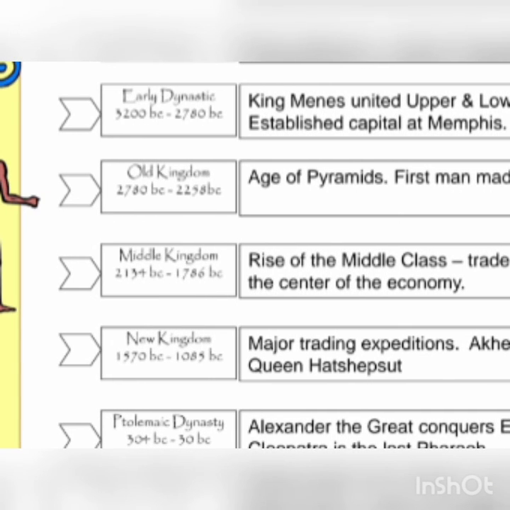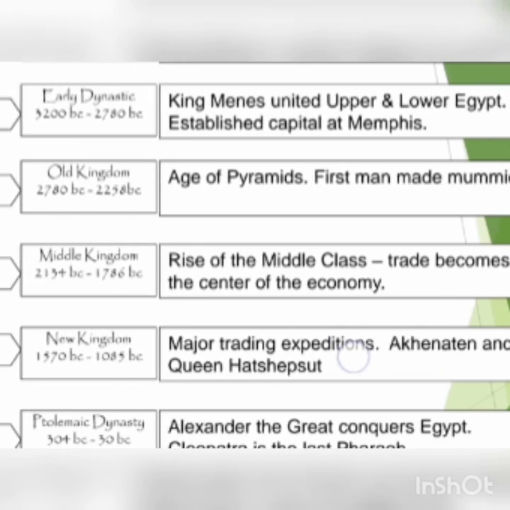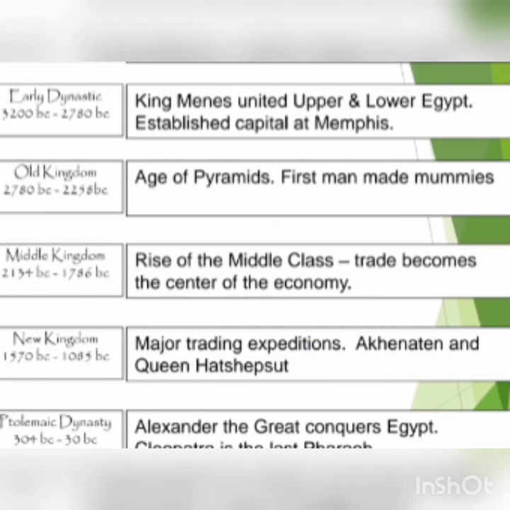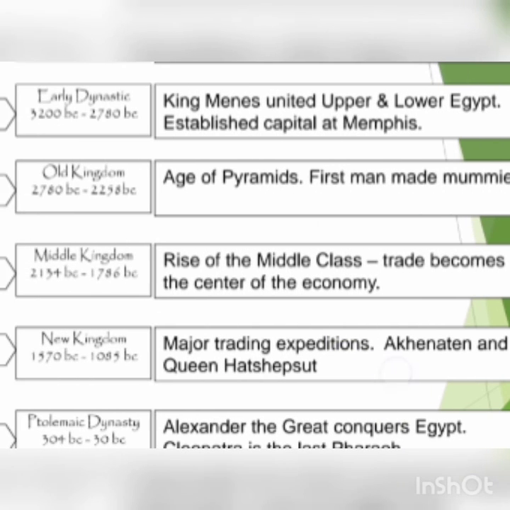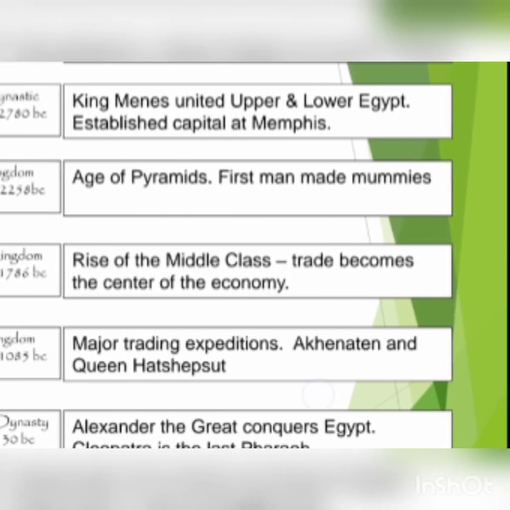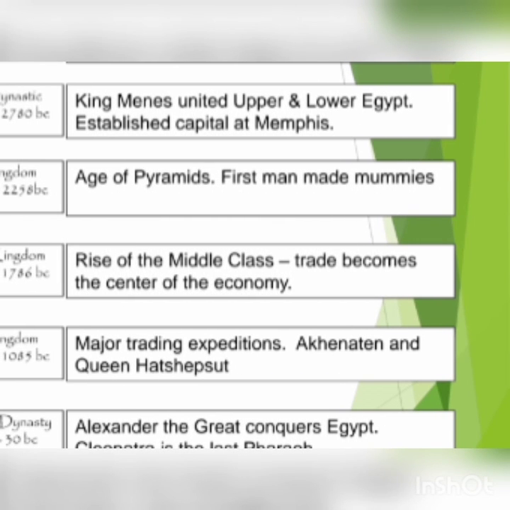Then the Roman period: Egypt was conquered by the Romans, and the Romans took control of Egypt. Egypt never had a chance to rise after that.